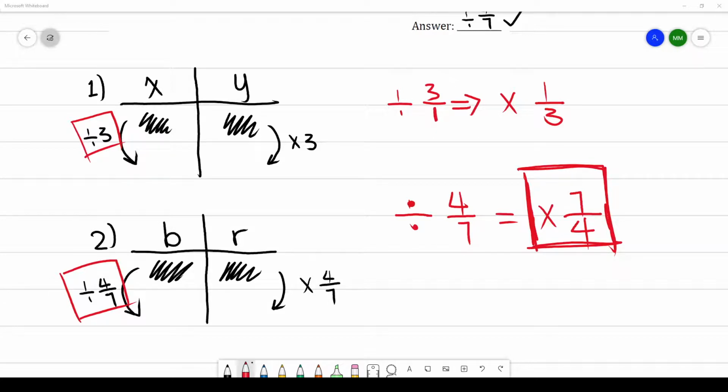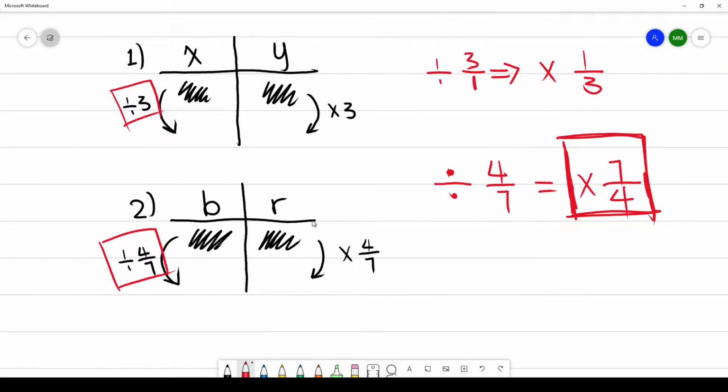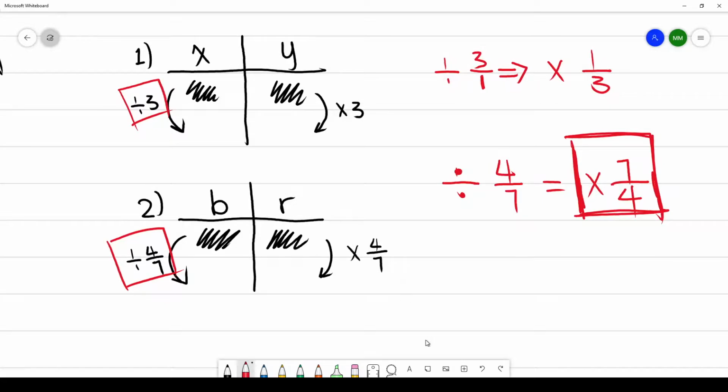Does that make sense, guys? Now, I don't want you to get confused though. When you multiply R by 4 over 7, you cannot do this, okay? That is wrong. Because you multiplied it by 4 over 7 on this side, you have to divide it by 4 over 7. You don't multiply by 4 over 7.